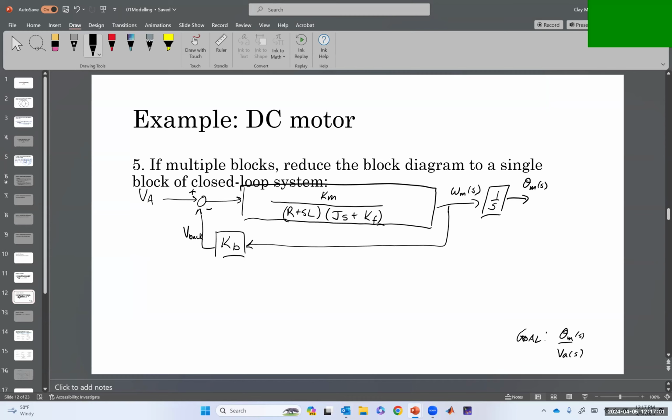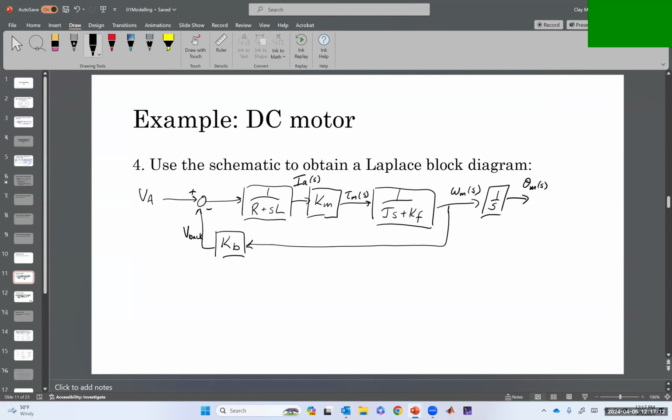Good question. Back here, it's not really an error in this case, because this was a feedback system, but not a control system.